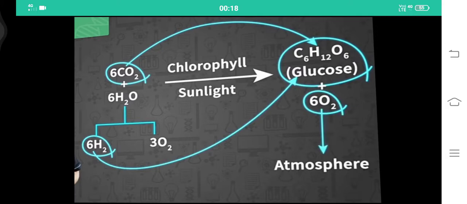What is photo? Photo means light, right? Lysis means splitting. Splitting of water molecules with the help of light. Clear? Light energy is converted into chemical energy. That chemical energy helps to split water into hydrogen and oxygen. Here observe carefully.